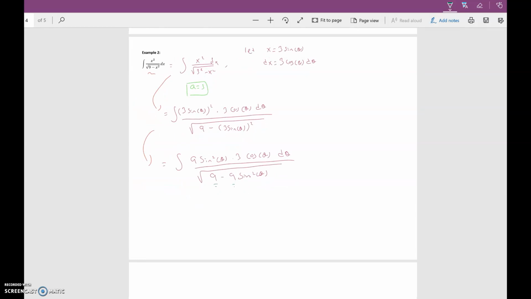You're going to be able to factor a constant, and everything should simplify nicely. I'm not going to multiply the 9 and the 3 since that value is going to cancel. So you have 9 sine squared of theta times 3 cosine of theta d theta over 3 square root of 1 minus sine squared of theta.